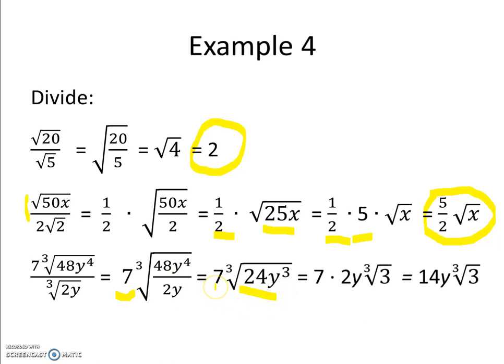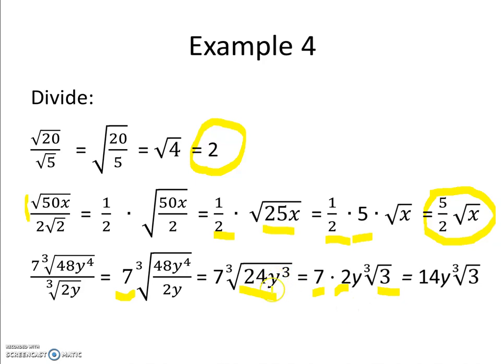We still have that 7 hanging around out in front, and we look at that number 24, and 24 is 3 times 8, and the cube root of 8 is 2. So we have that 7 still hanging around, but we bring that 2 out. However, that only used the 8 times 3, so we still have 3 on the inside.